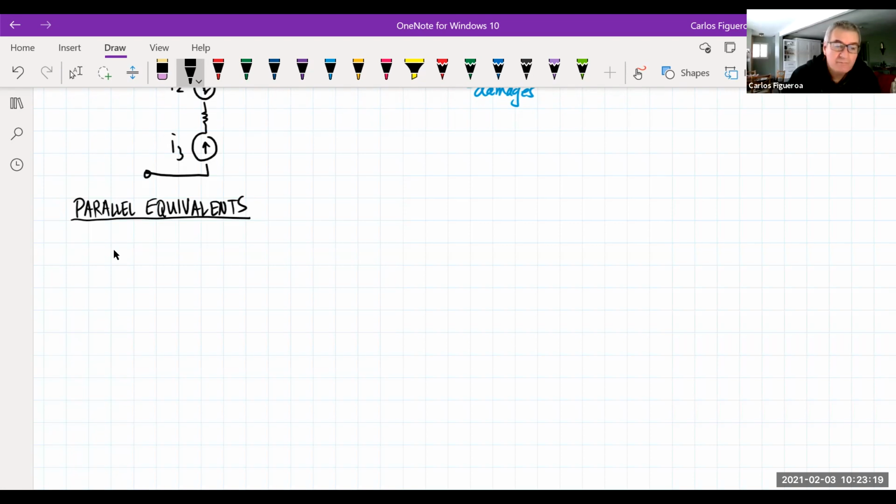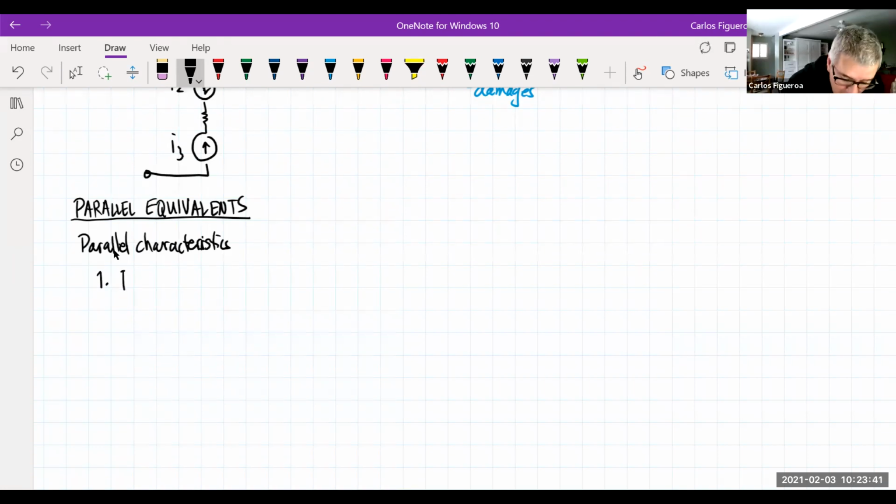So here we go. Our job is to identify the primary behavior of circuits. The parallel characteristics come like this.